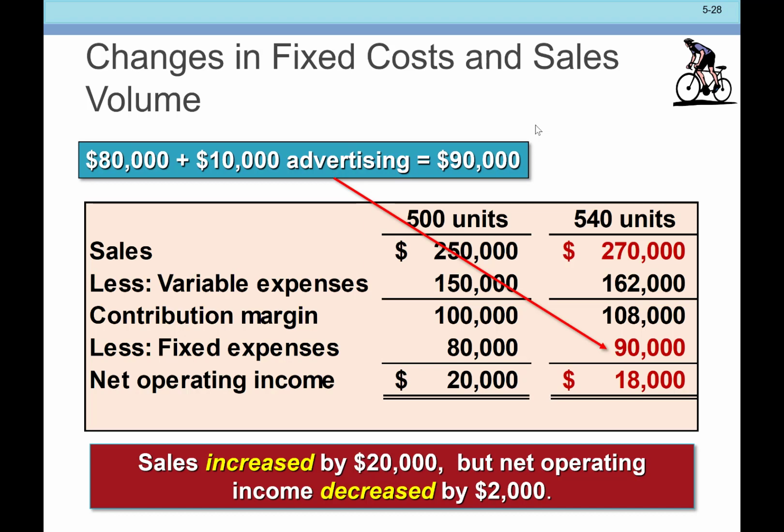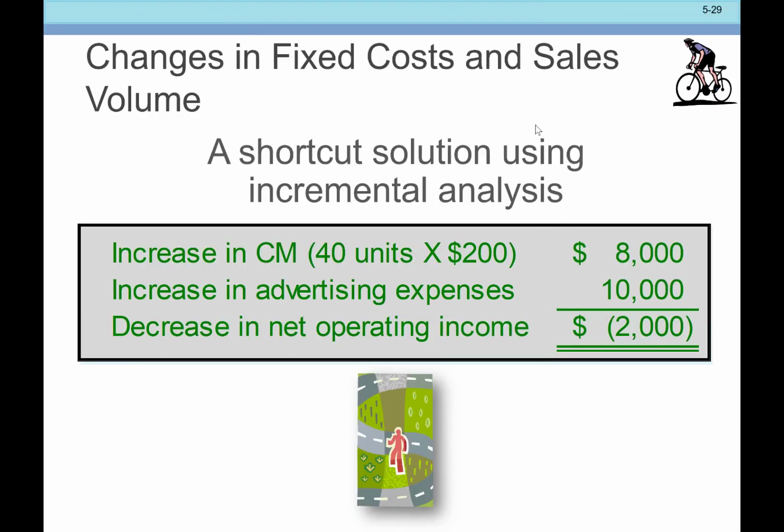And you're quickly able to figure that out, right, in this format. Now, sometimes you may not even have to go into the full format if just one variable is changing, or I guess that was two variables. My contribution margin is changing, my fixed costs are changing. It could be pretty easy to just say, well, look, I have a contribution margin per unit of $200. I'm going to sell 40 more units in this example.